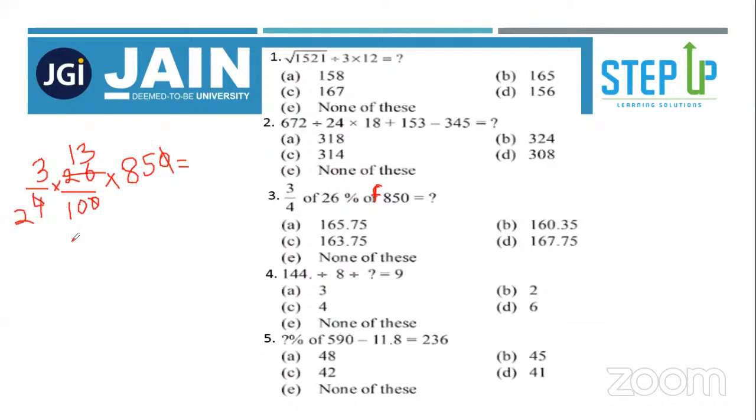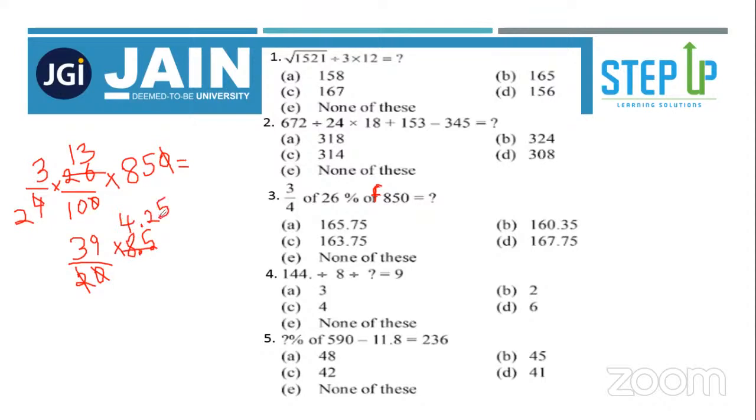Now this is 39 divided by 2 times 10, 20 times 85. So that also I can simplify as 0 and a decimal over here, 2 and 4.25. Got it?